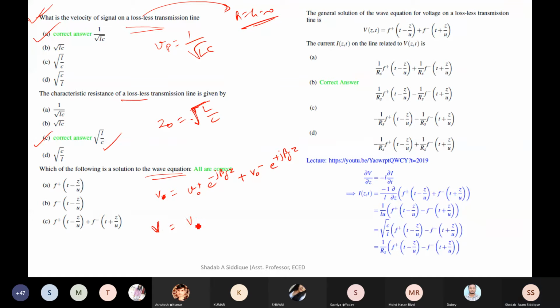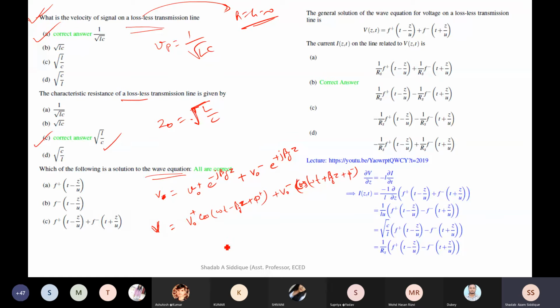There we got V naught plus cos(omega t minus beta g z plus phi plus), plus V naught minus cos(omega t plus beta g z plus phi minus).